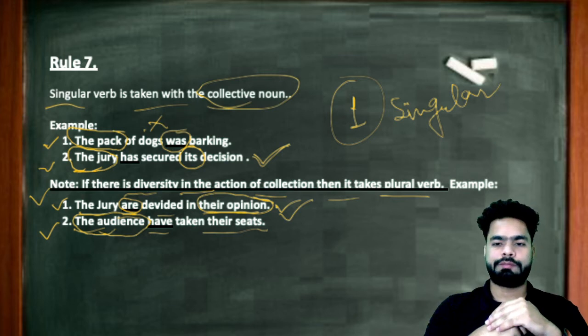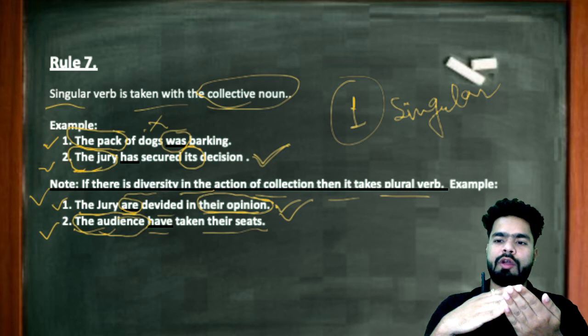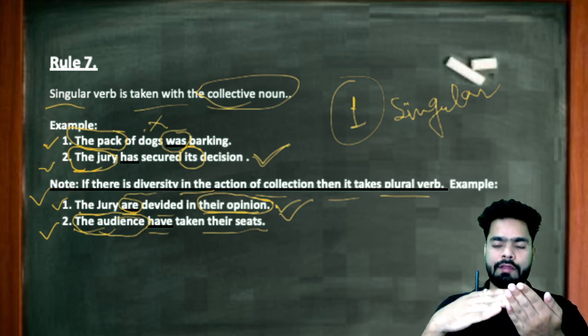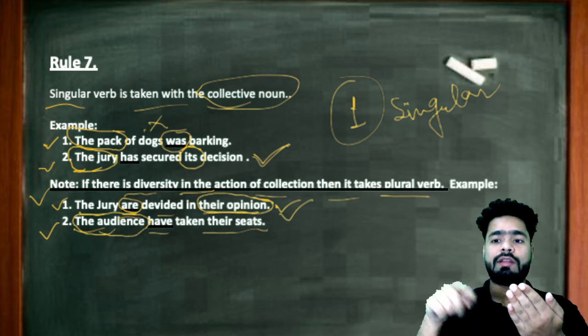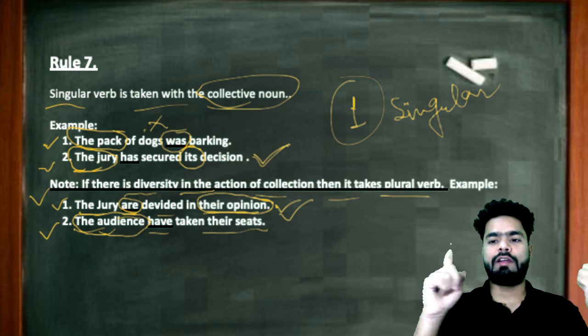Okay, but because so many people are there in the audience and they are taking seats, which means they are taking their different seats. All the audience cannot sit on the one single seat, they have to sit in their different seats.